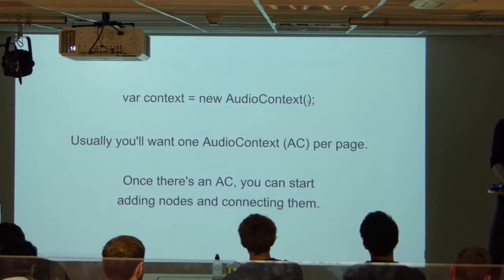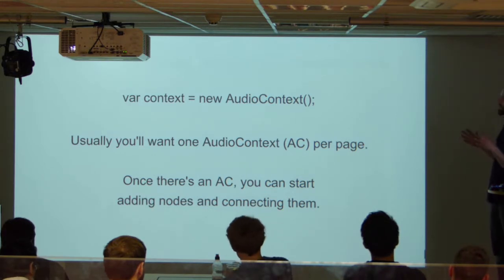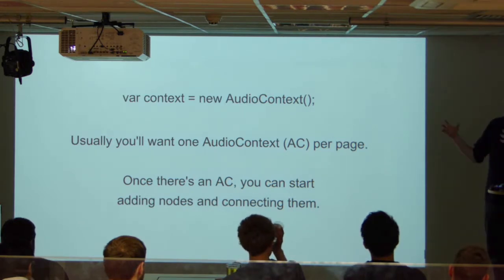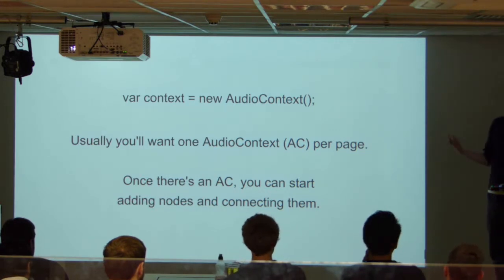When you're using the Web Audio API in JavaScript, you need to start off on each page with something called the audio context. You're basically telling it what context the code you're writing is referring to, so the audio context is referring to audio.